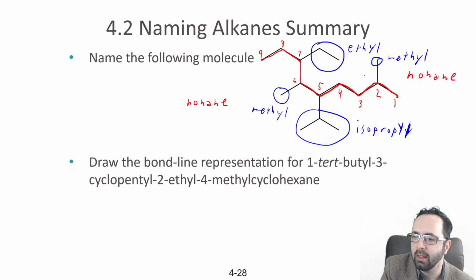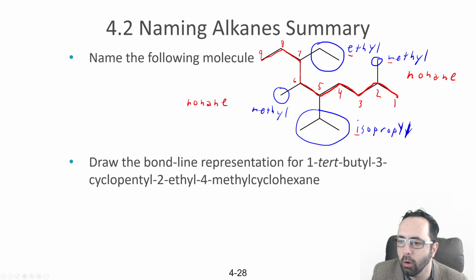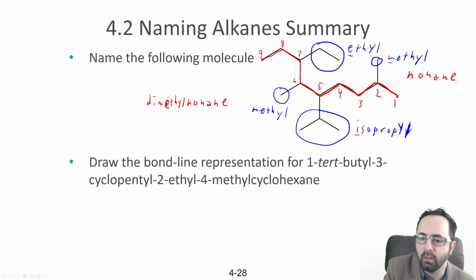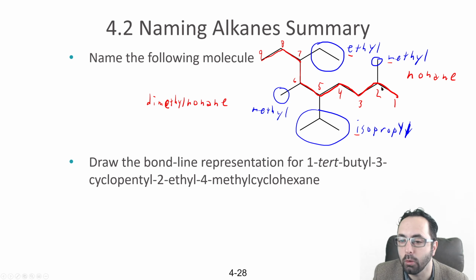And so it's going to be the ethyl that comes first, the methyl that comes last, and the isopropyl that comes in the middle, because I comes before M. So we're going to write the methyls right before the nonane, and there's 2 of them. So we're going to say dimethyl. So di indicating 2 of the same group.